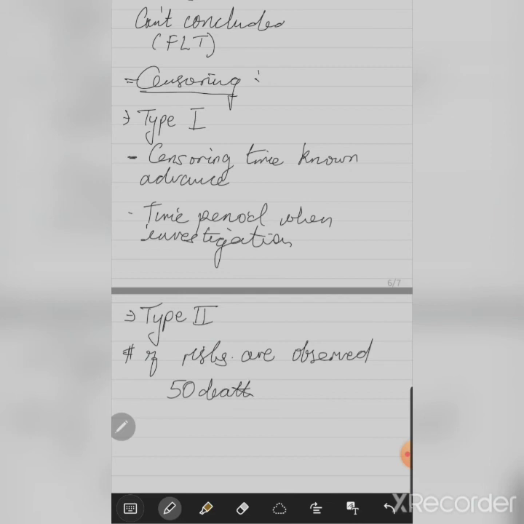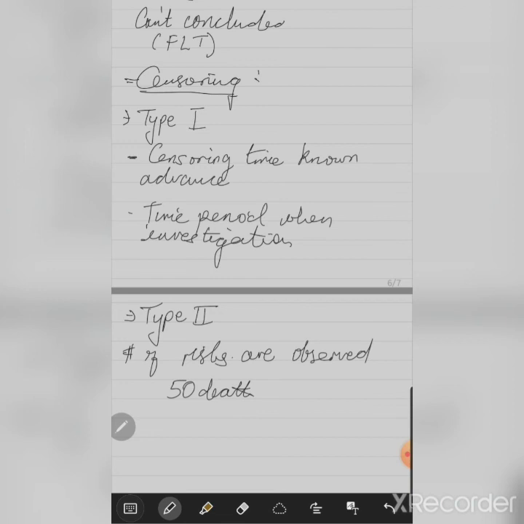So here there's no predefined time period, but the investigation ends after n number of deaths have occurred.